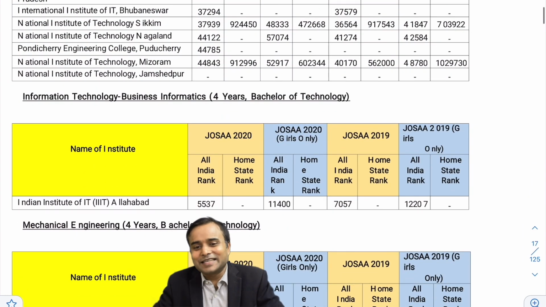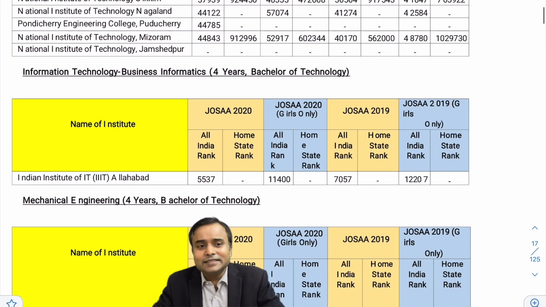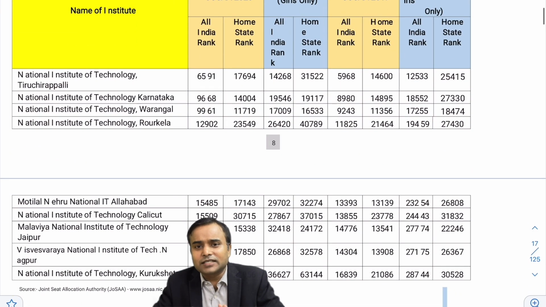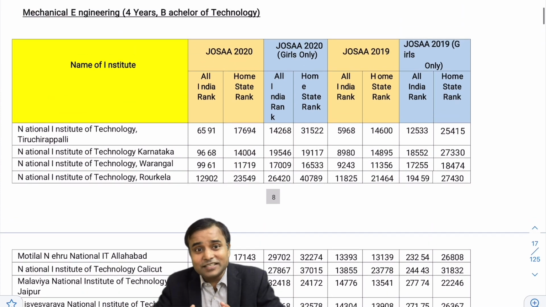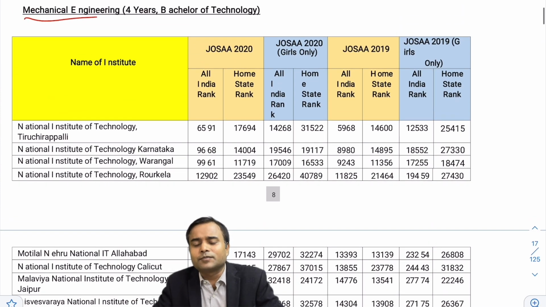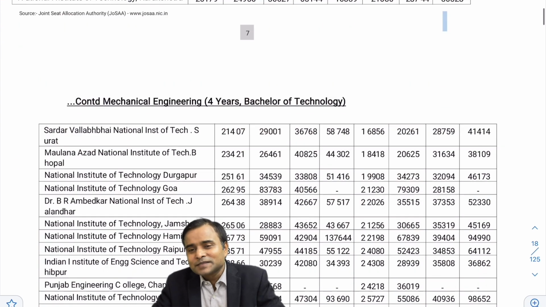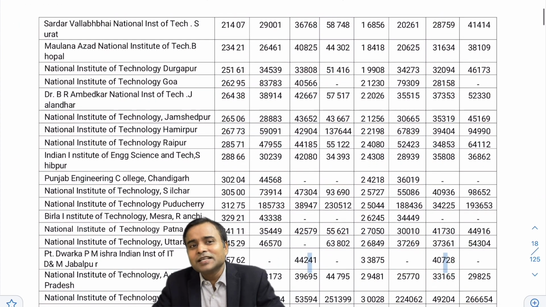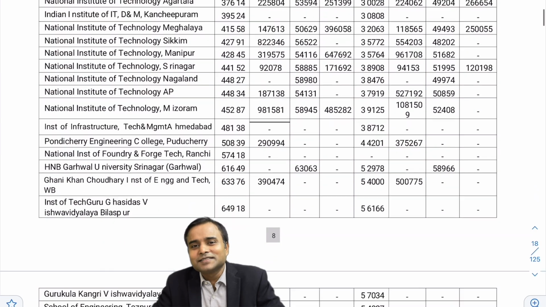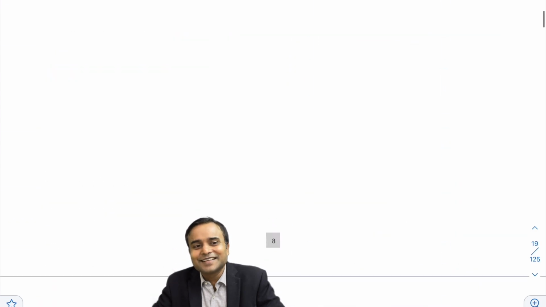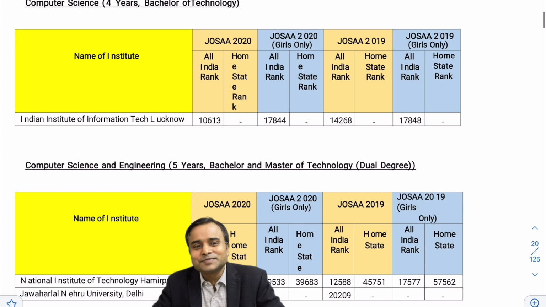You can get an idea. IT and other different branches are there. Mechanical engineering, 4-year mechanical engineering, I'm giving data here. Computer science, this is from IIIT Lucknow.